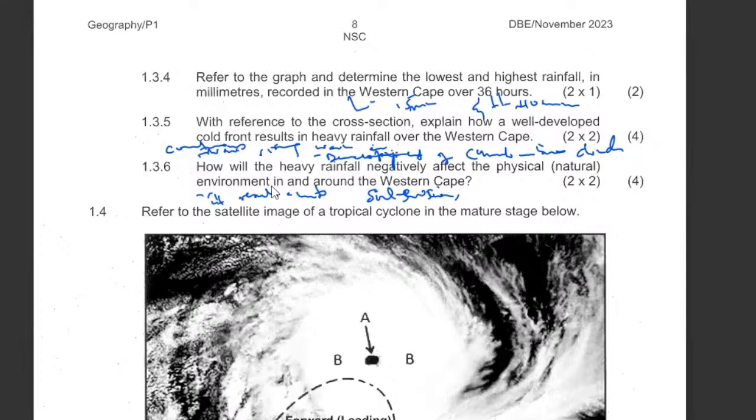Number two, it will also result in flooding. Also, you can consider others like disruption of the ecosystem.